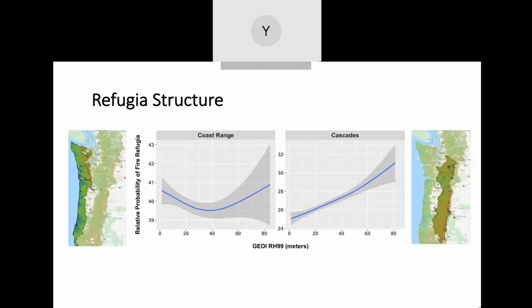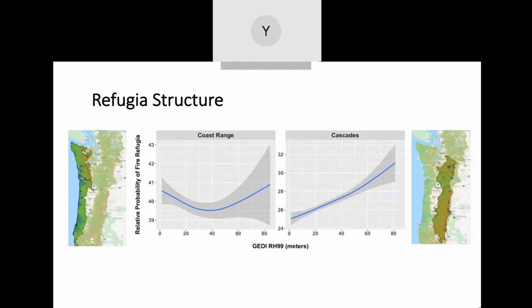In the Cascades, the data is completely what we expected. The taller trees are more likely to be refugia, and they are more resistant to fire, even when they burn at low severity.